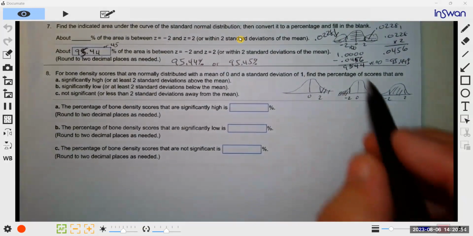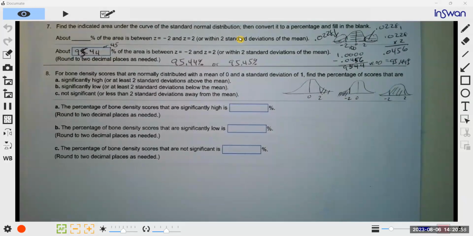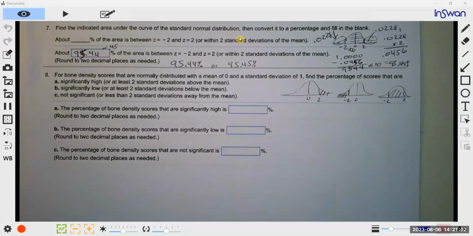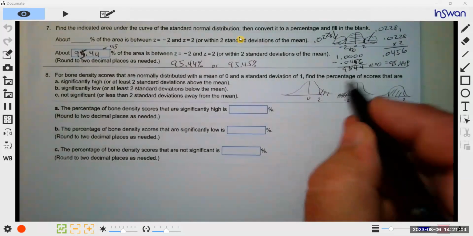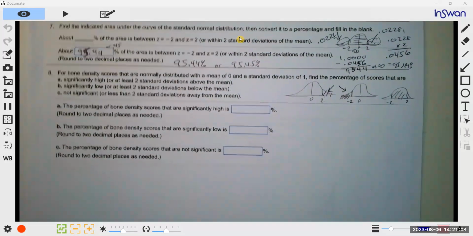Here's the mean, so for the first one we want greater than that. Basically, once we find both of those, we subtract from 1 and have the remainder. Remember, it's symmetric, so once we find this one and this one, they're both going to be the same.